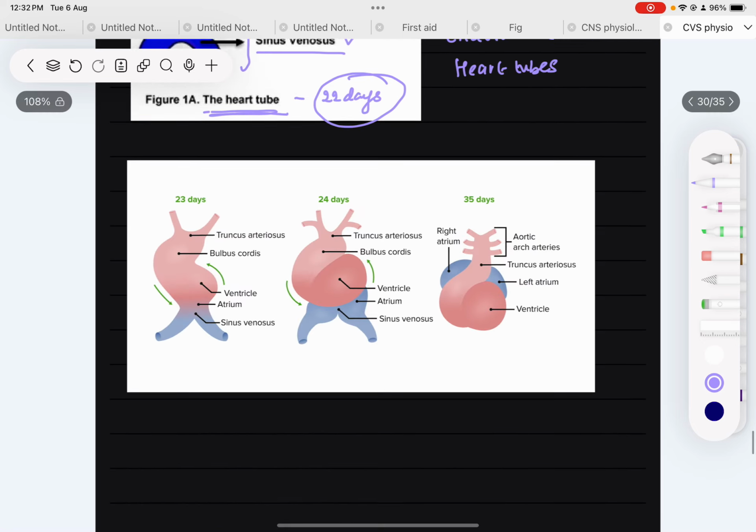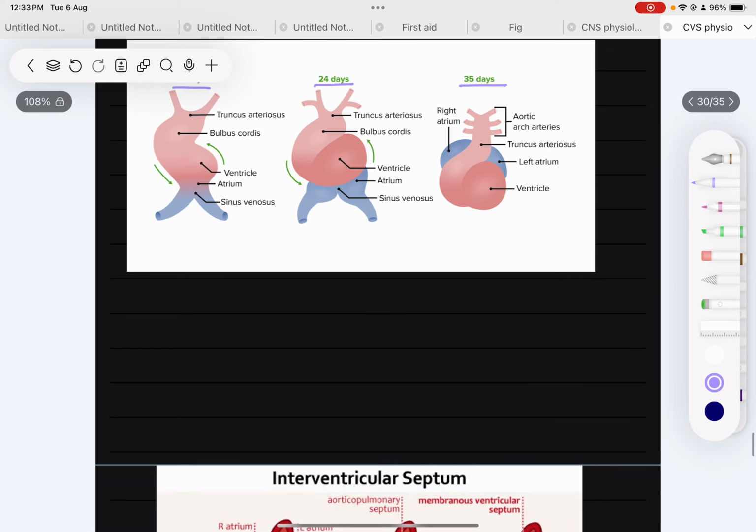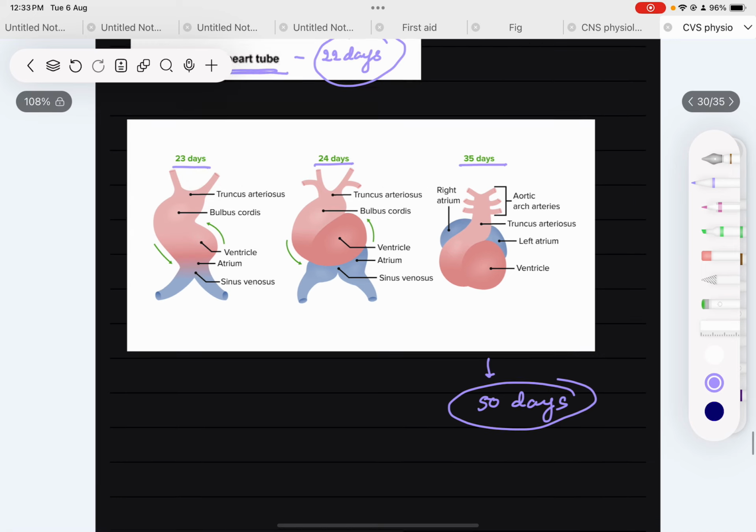As you can see here also, 23 days, 24 days and 35 days. At 35 days our heart will look like this, and at 50 days the normal anatomy as we see in the newborn will be formed.